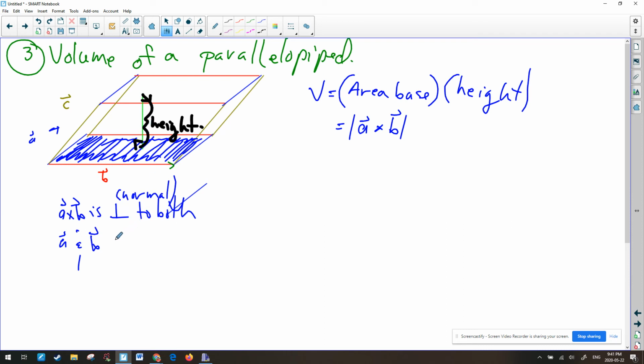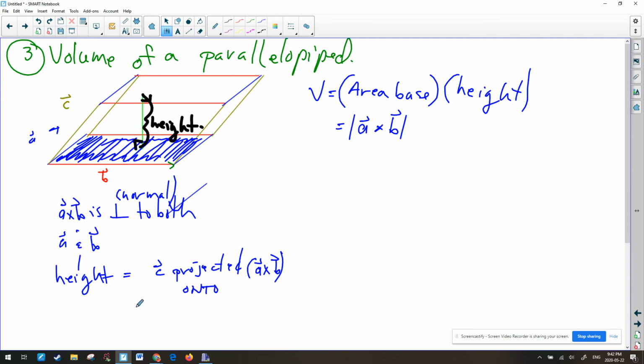Okay, so let's get the height. Height is equal to vector C projected onto A crossed with B, right? The shadow on here of C is going to be the height of this.